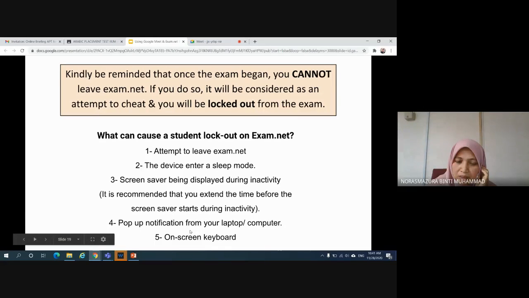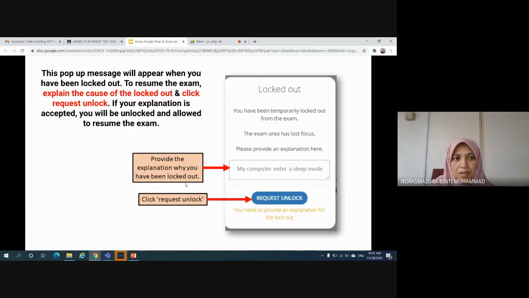And on-screen keyboard also. So please make sure that all these causes do not disturb you during your exam. The pop-up message will appear when you have been locked out.